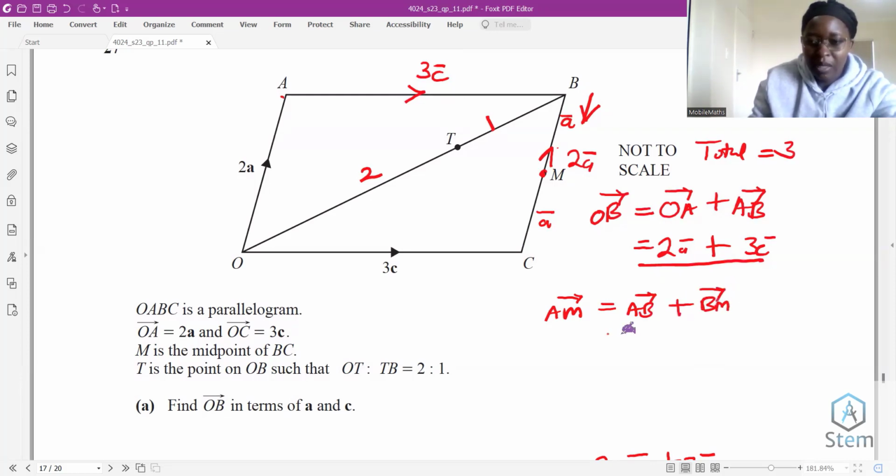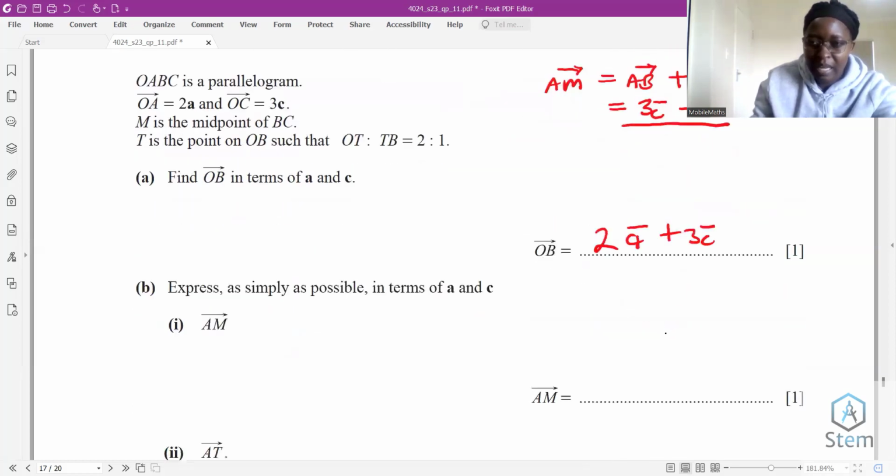Okay, like that. What is our AB? Our AB is 3C. What is our BM? We said it's opposing, going down, so it's a negative A. So this is our vector AM. It's 3C minus an A, like that.